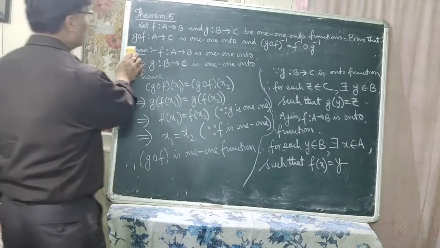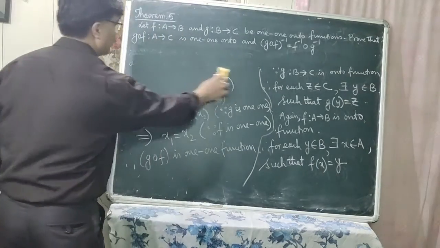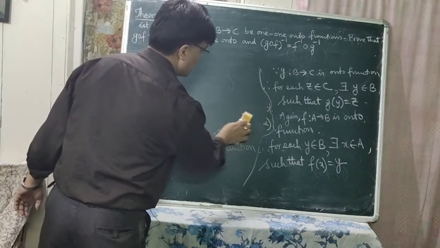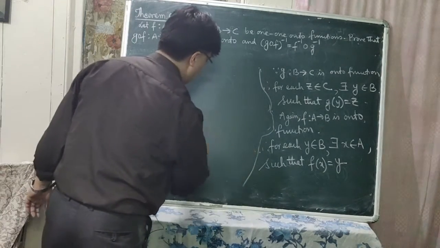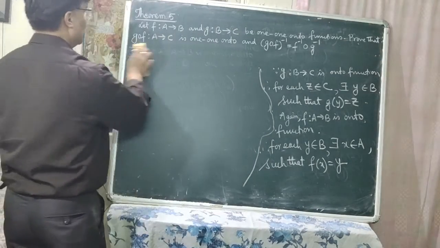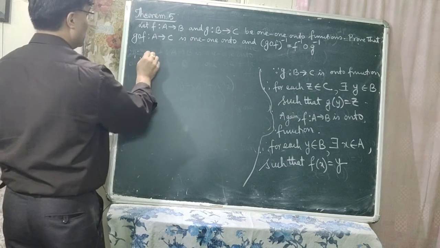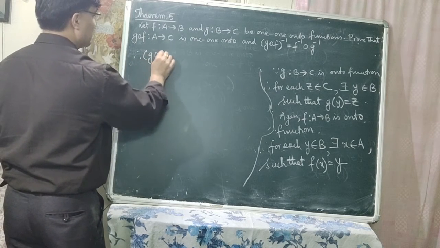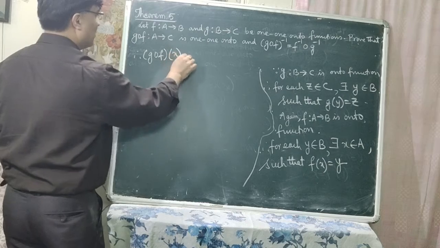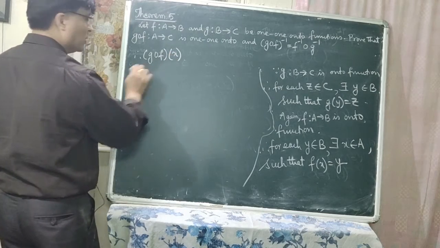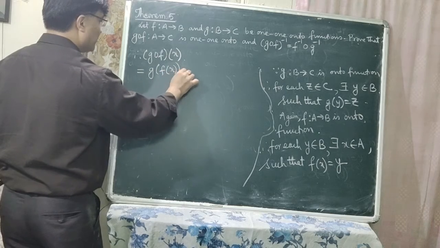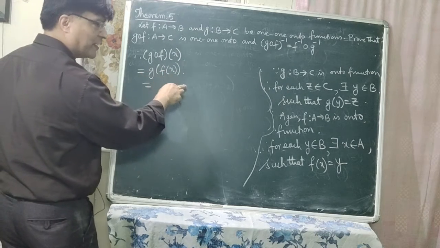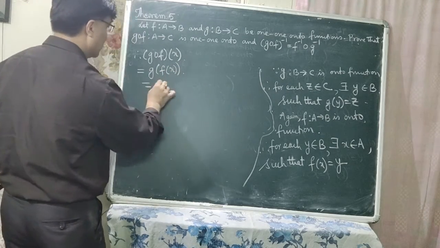Now we have to prove g∘f as an onto function, right? So let us prove it now. g∘f as an onto function. So therefore g∘f of x, let us find out g∘f of x first. It is defined as g of f of x. What is f of x here? y.